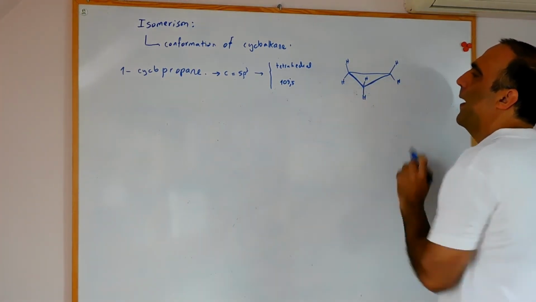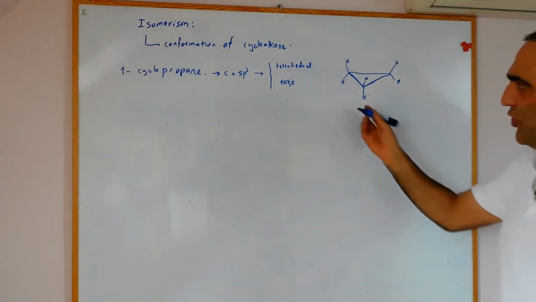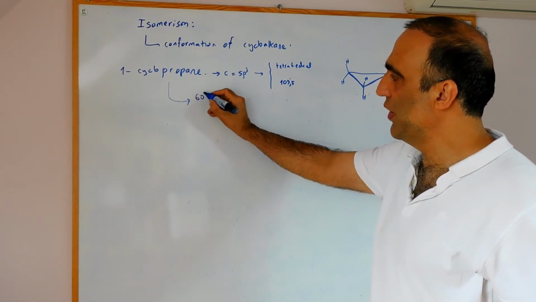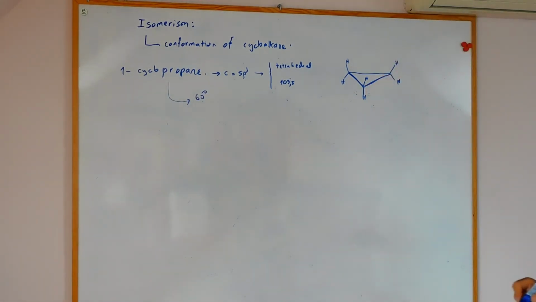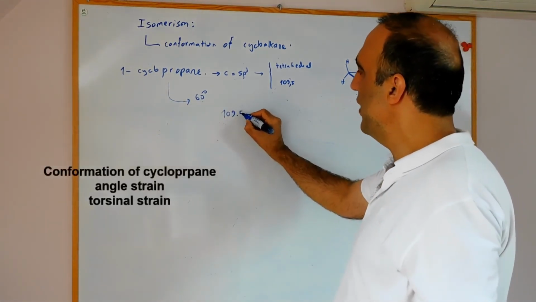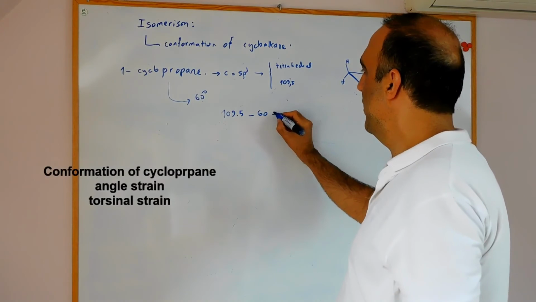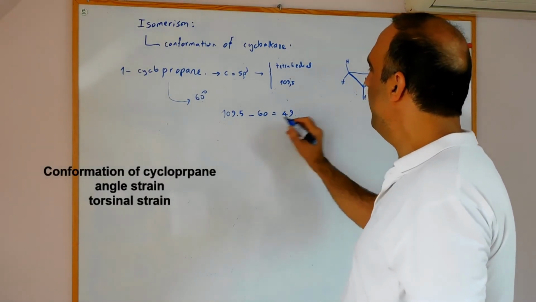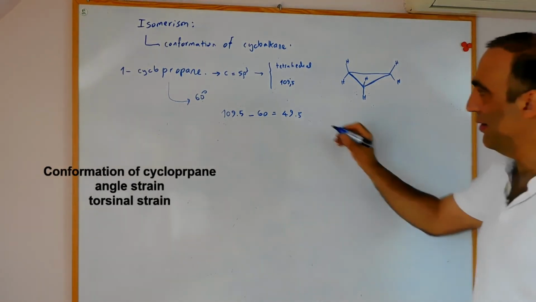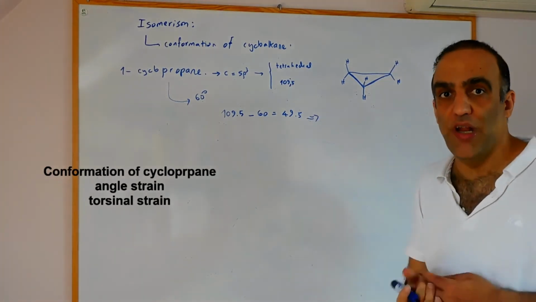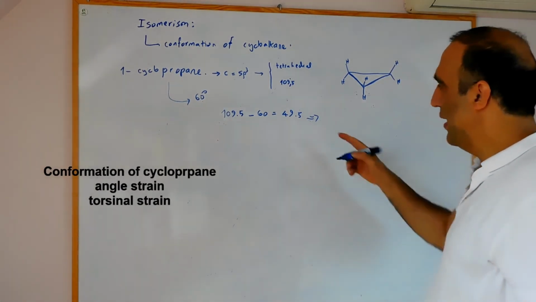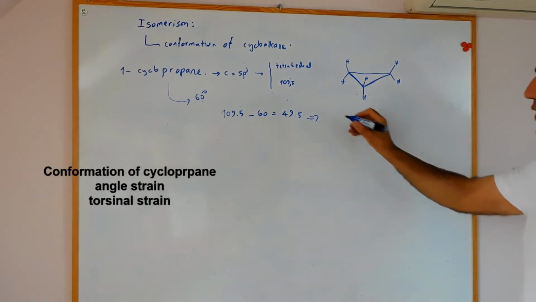And see, it is a triangle. In cyclopropane, the angle is 60 degrees. And from the 109.5, 49.5 degrees is smaller. And it makes higher repulsion and a big problem in this molecule, and it decreases stability. And we call it angle strain.